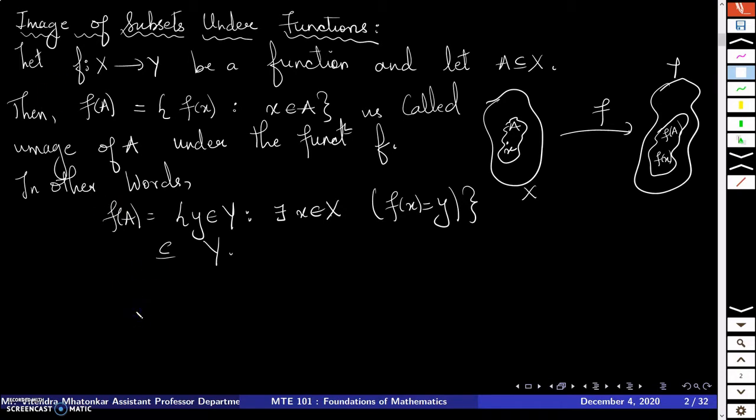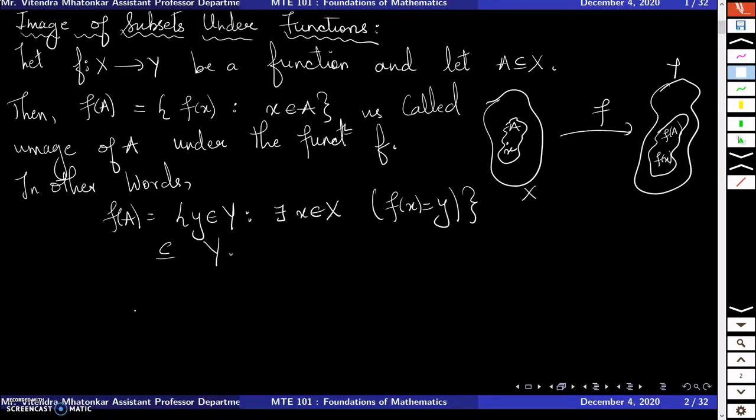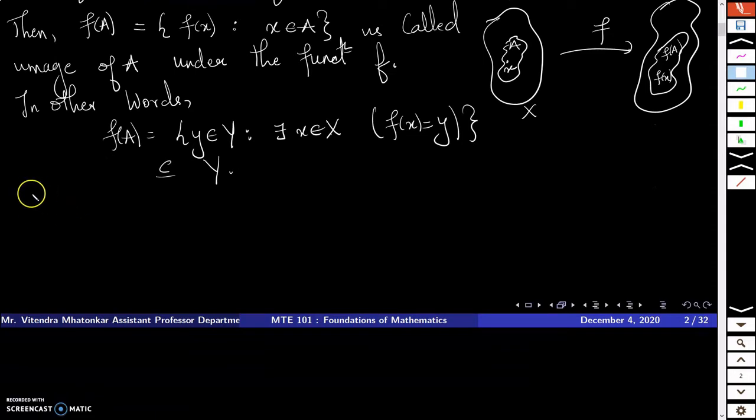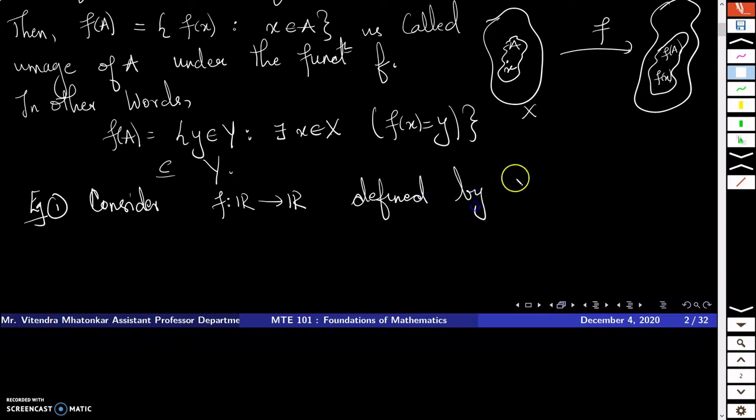So consider a function f from R to R, for example, defined by f of x equal to x square for each x in R. Then if you take A as the singleton set, let's say 2, then what is f of A?